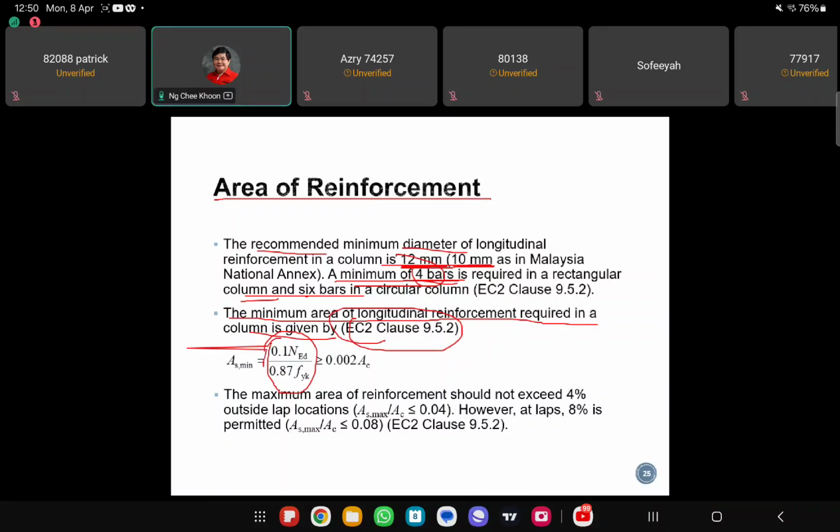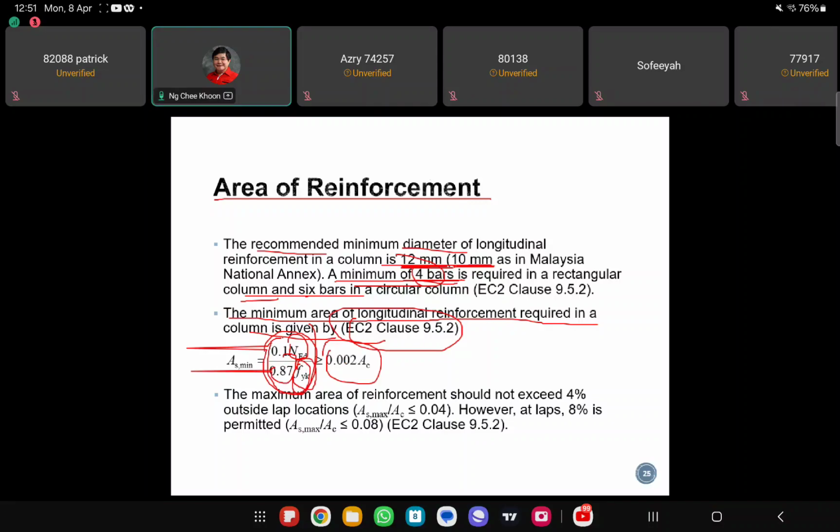You have to check 2 values: 0.002 times the cross-sectional area of the column, or 0.1 times the axial force, NEd, over 0.87 times the yield strength of the steel, fyk. Right? Whichever is larger will become the As,min.